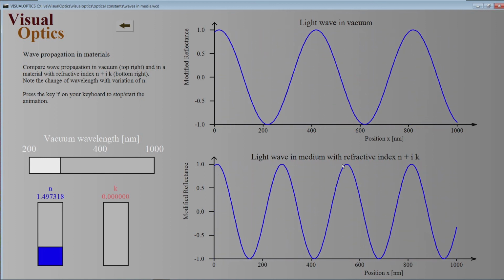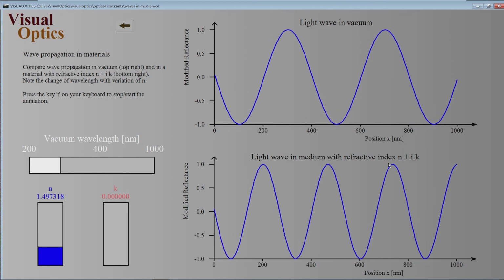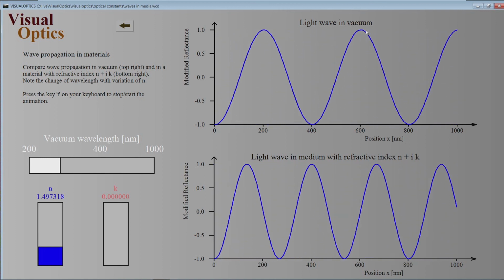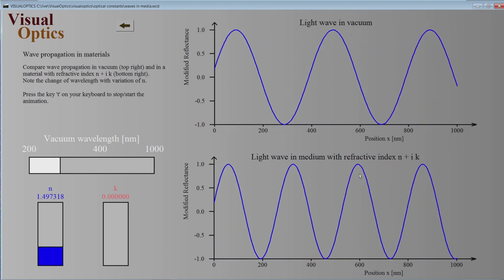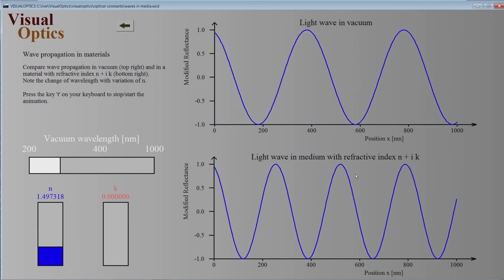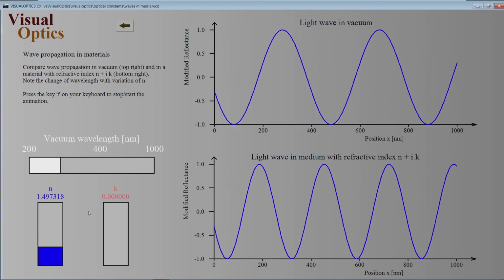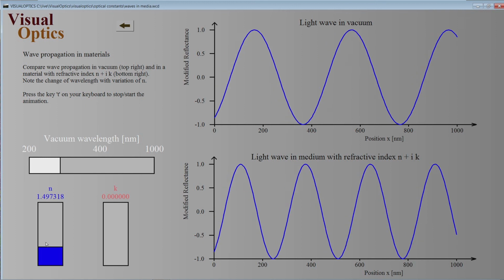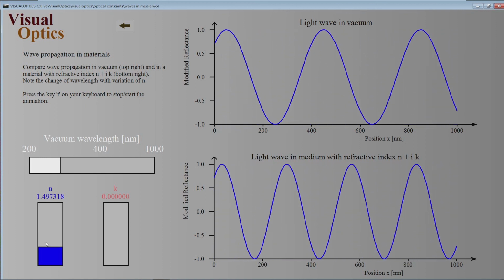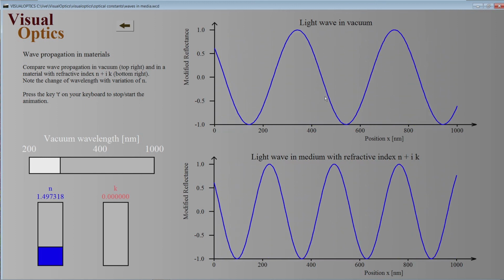You can see that this maximum runs slower than the maxima here. So the wave in this material, N equals roughly 1.5, is slower than a similar wave started in vacuum.